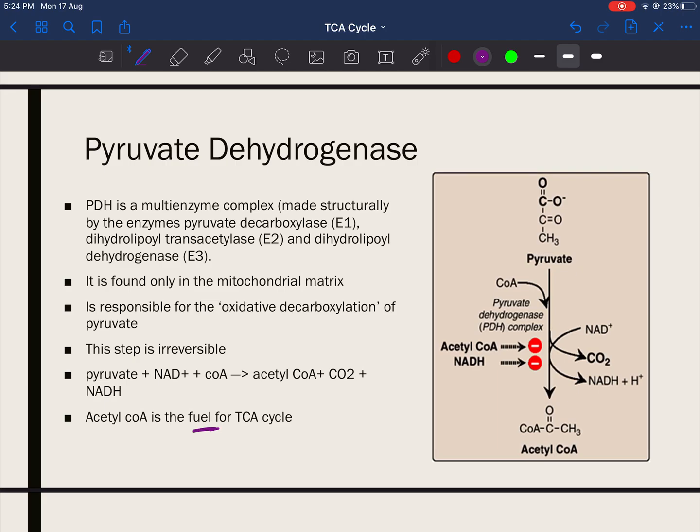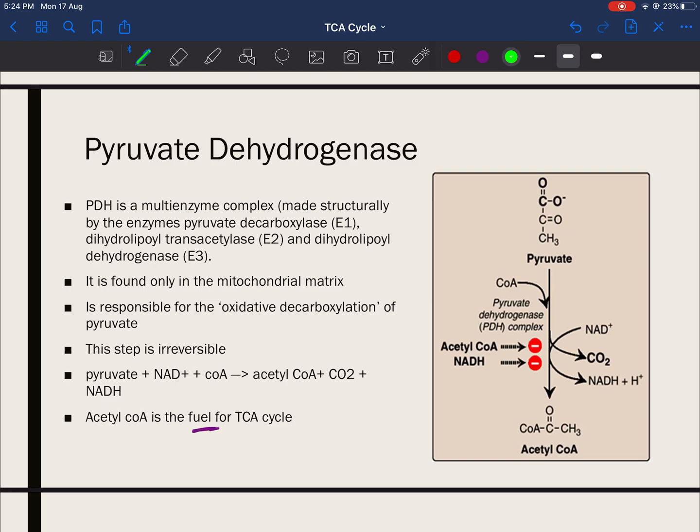So basically, this group of enzymes is made up of 3 basic ones. You have pyruvate decarboxylase, which is shortened to just E1 to make it easier to reference later on, dihydrolipoyl transacetylase, which is E2, and dihydrolipoyl dehydrogenase, which is E3. And together, E1, E2, and E3 make the pyruvate dehydrogenase complex. These are found only in the mitochondrial matrix.